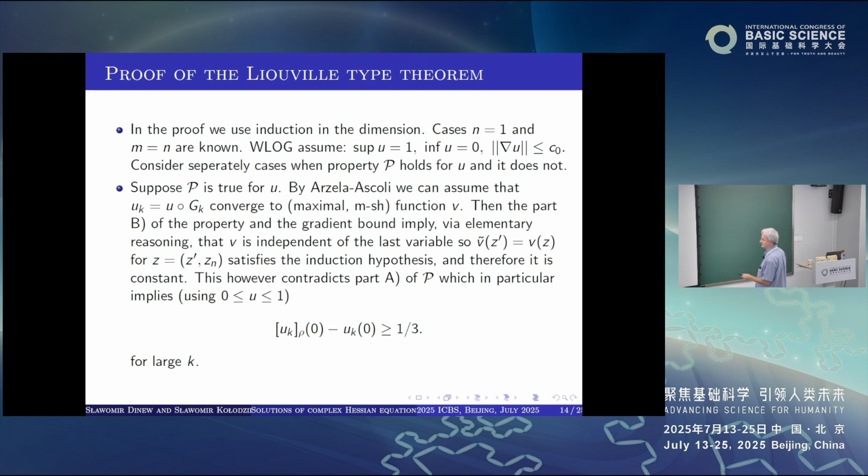So here we fix z prime, the first n minus 1 variables. So this is the board when we fix it, and so this is the zn plane. So suppose at 2 points we have different values of v.